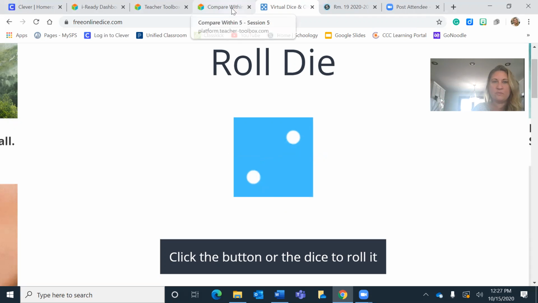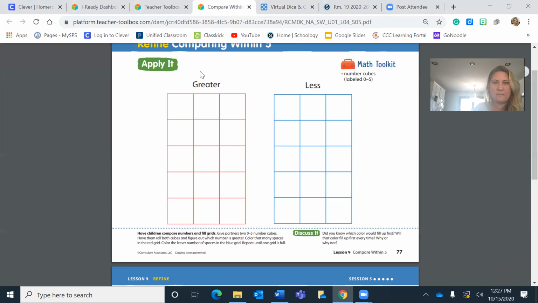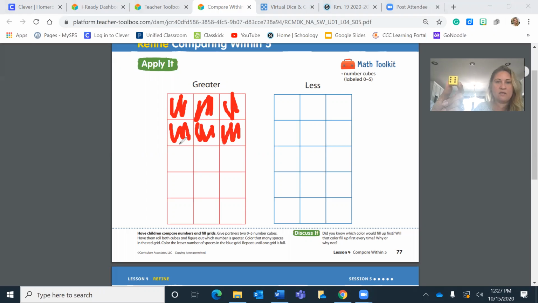So I'm going to go over to my thing. Oh, it erased it on us. That's okay. We can quickly draw that back in there. Okay, and I had 6. 1, 2, 3, 4, 5, 6.